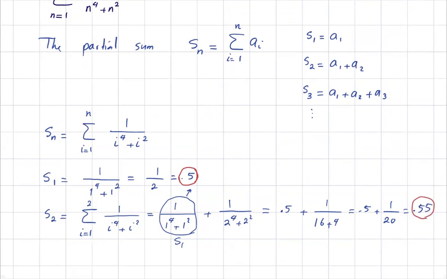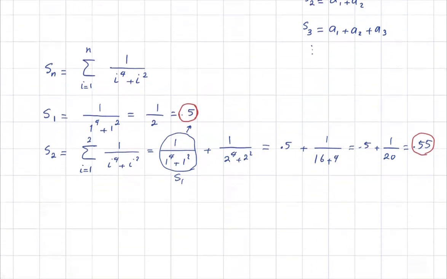So far, I see S1 is 0.5, S2 is 0.55. I need to calculate some more terms to see what this is approaching. Now let us calculate S sub 3. What do I have? I have the summation, i starts from 1, now it stops at 3, of 1 divided by i to the 4th plus i squared.